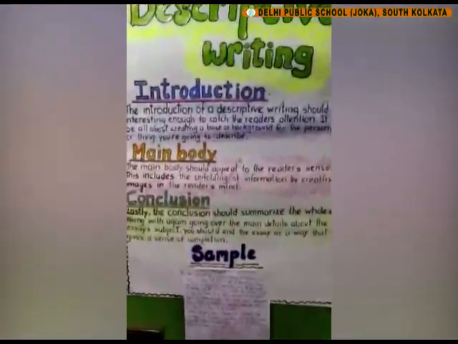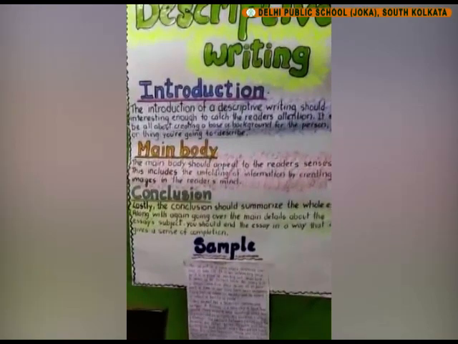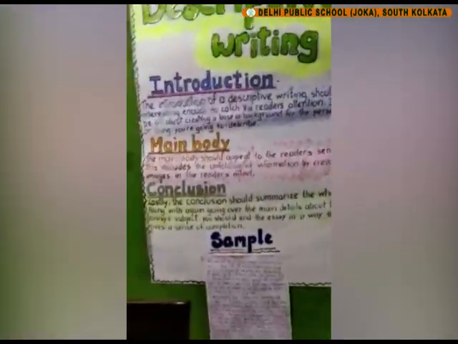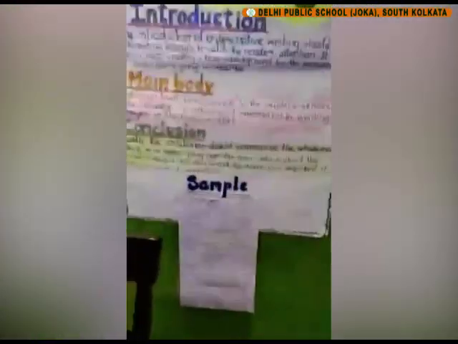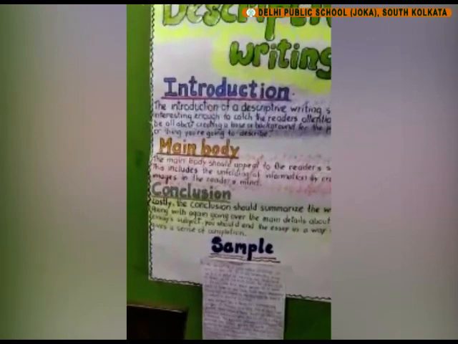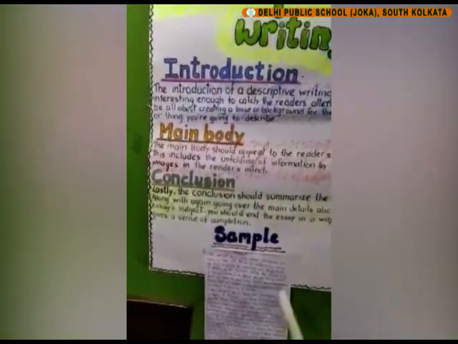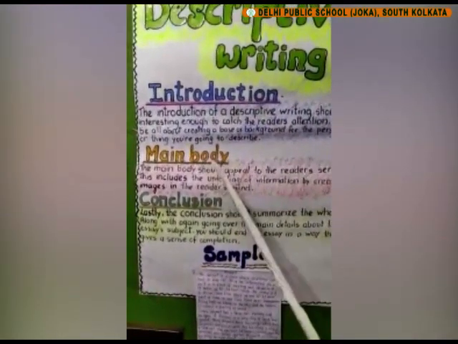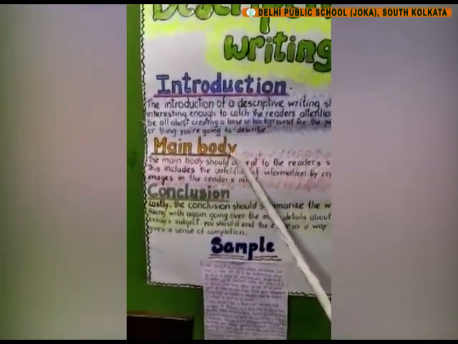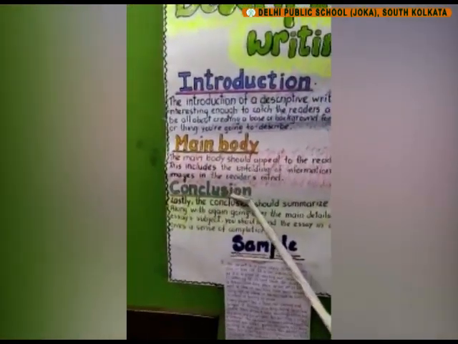So, our topic for today is descriptive writing. In descriptive writing there are 3 steps. Number 1 is introduction. Number 2 is the main body. Number 3 is the conclusion.